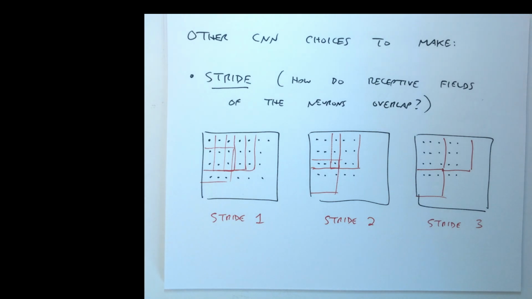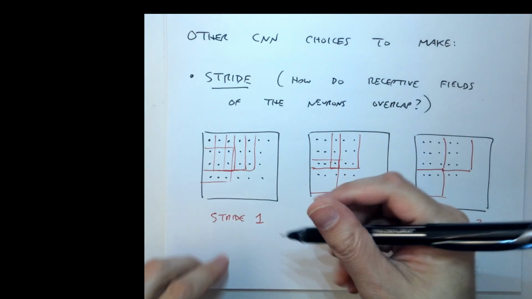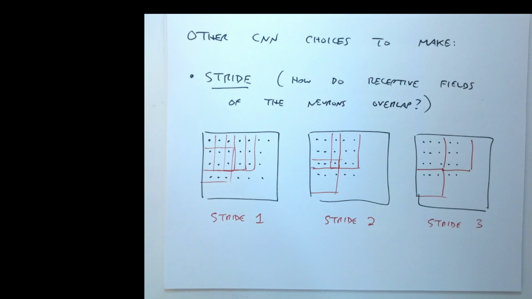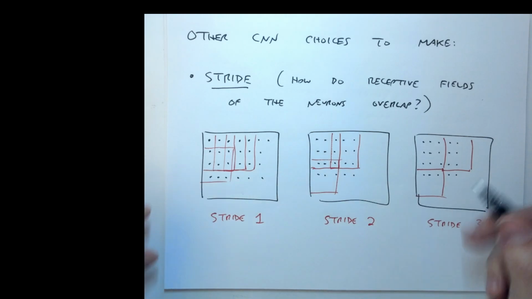One thing to also keep in mind is that no matter what my stride is, even if I had stride 1, suppose I had a 10,000 by 10,000 image, I'm always going to be effectively reducing the image size, because when I apply the filter, I have to make those numbers in the tile match up with numbers in the image. And so here I can't go outside the image unless I do what's called zero padding.